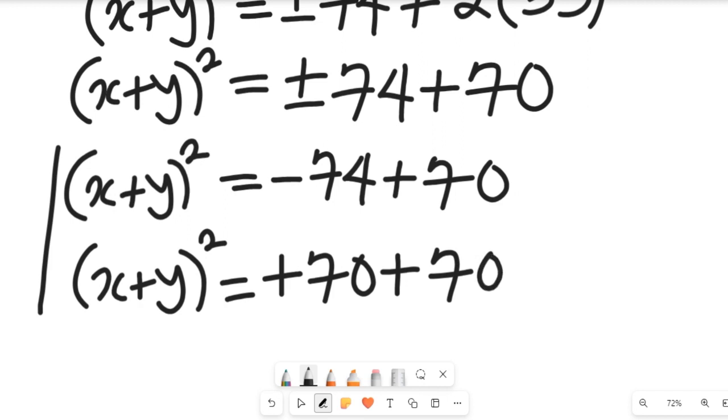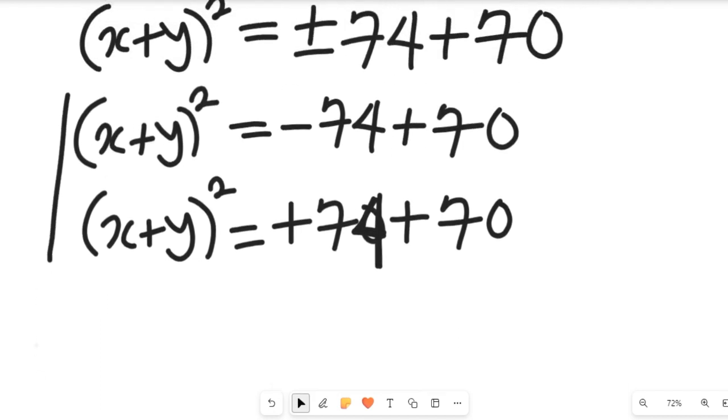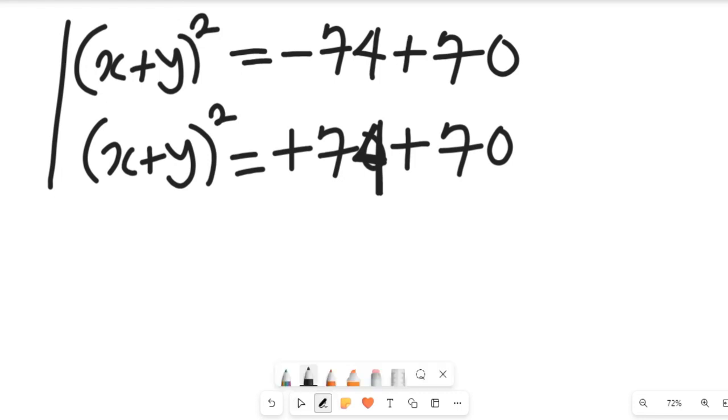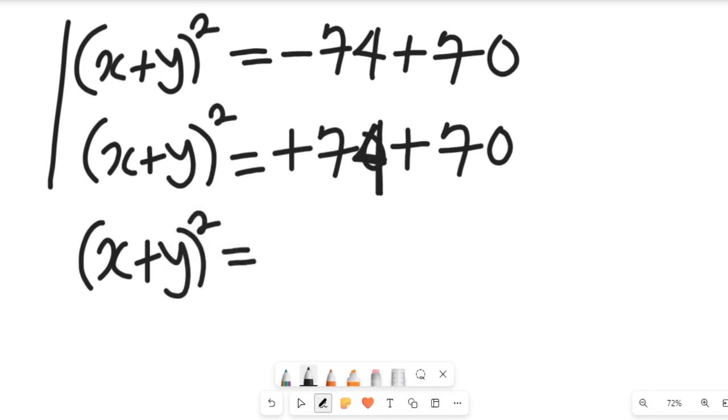Now from these two expressions, we are going to solve for x and y. Now from the first expression, you come to see that we have (x plus y) all squared to be equal to negative 74 plus 70.